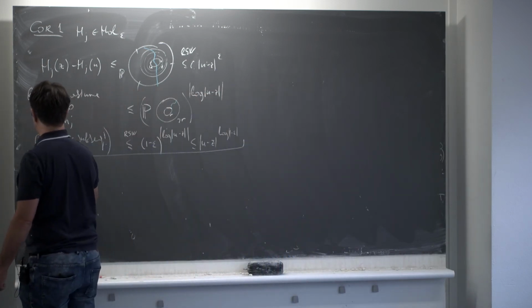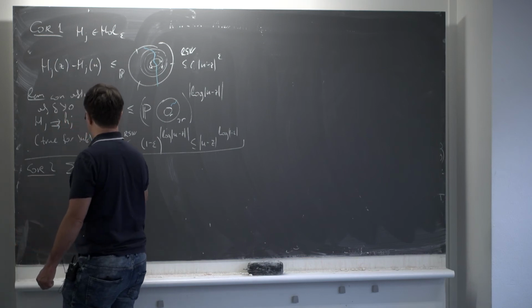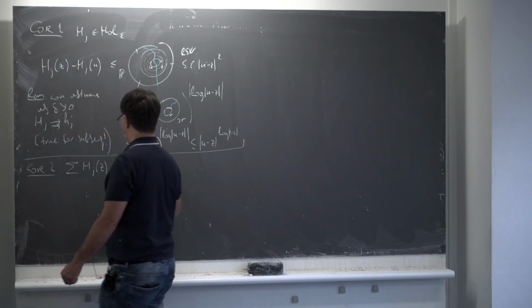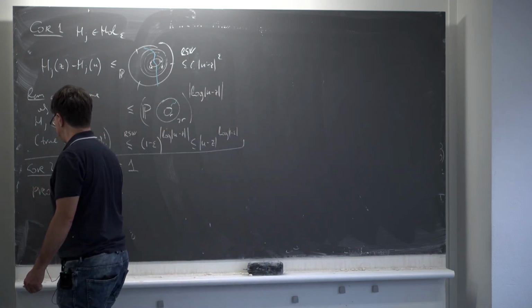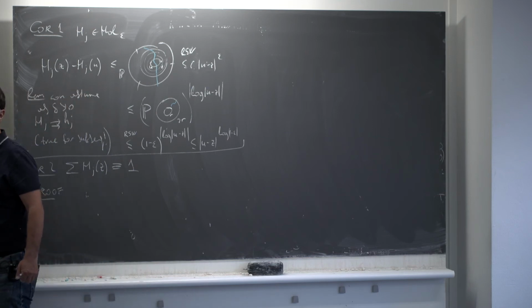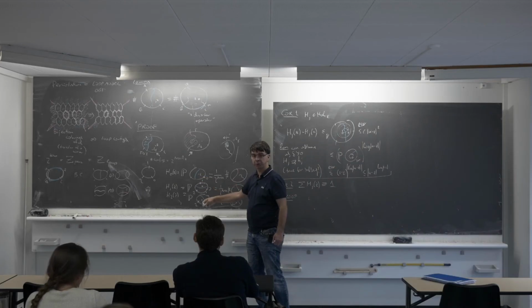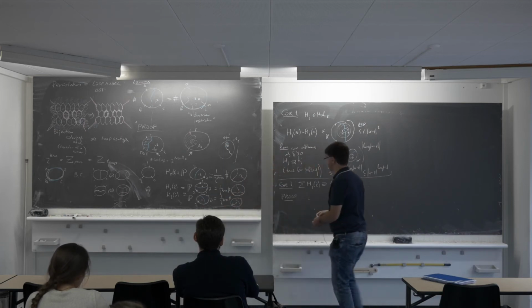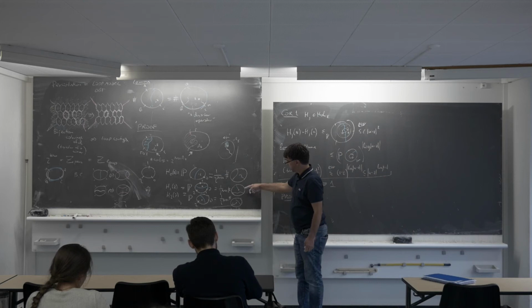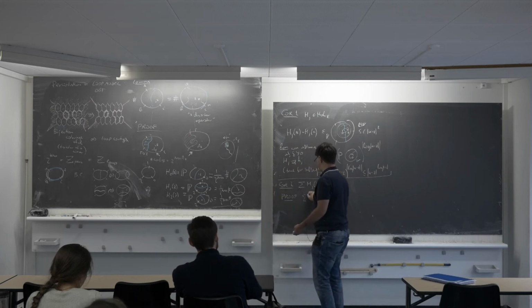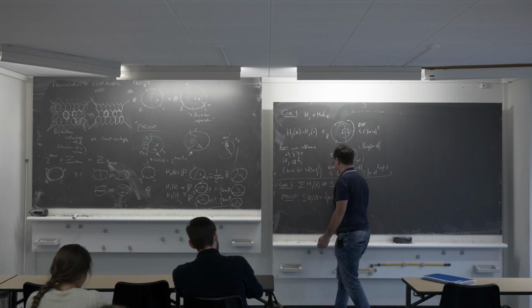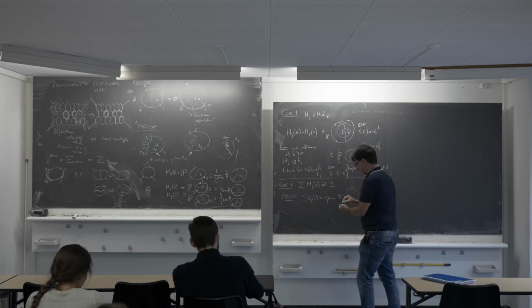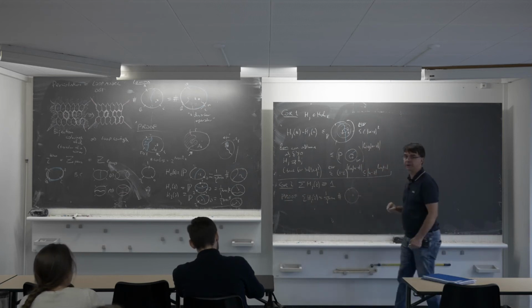The second corollary is that the sum of hj of z is identically equal to 1. And the proof is quite easy. It's very interesting that you don't see it immediately for these pictures, why these three probabilities should sum up to 1. But you see it for these pictures, because the sum of hj of z is 1 over 2 to the power area, times the number of pictures where you have 4 sources in the middle and 3 on the boundary.